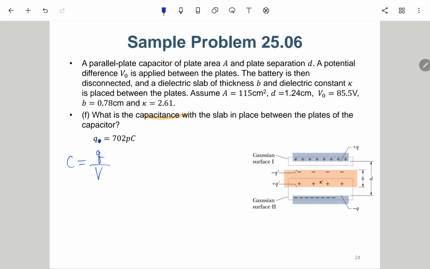So we can just divide Q by V, then we can get the new capacitance, which is 702 times 10 to negative 12 over 52.3. So this is 1.34 times 10 to negative 11 farad, or you can write it as 13.4 picofarad.